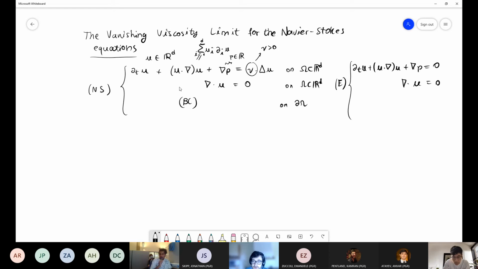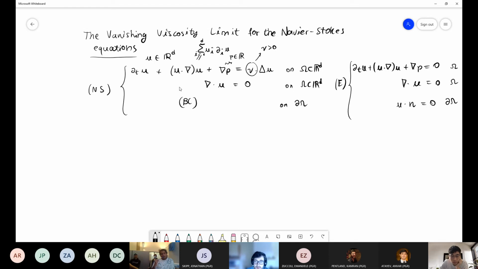We still have the divergence-free condition, and the boundary condition, which I will write immediately: U dot the normal vector equals 0 at the boundary. This means that the fluid is tangent to the boundary, and the fluid cannot go in and out of the boundary. So this is a very intuitive boundary condition. You don't expect the fluid to be able to pass through the boundary normally.